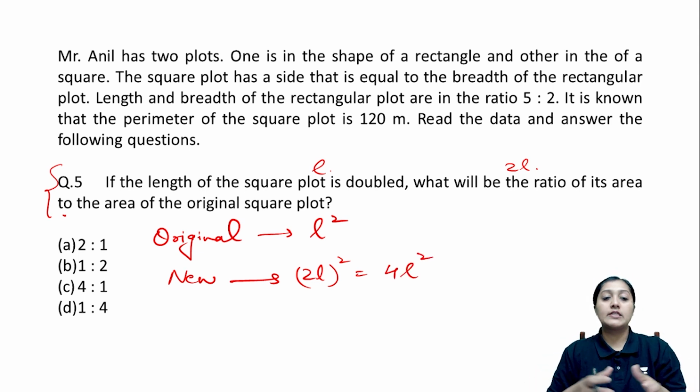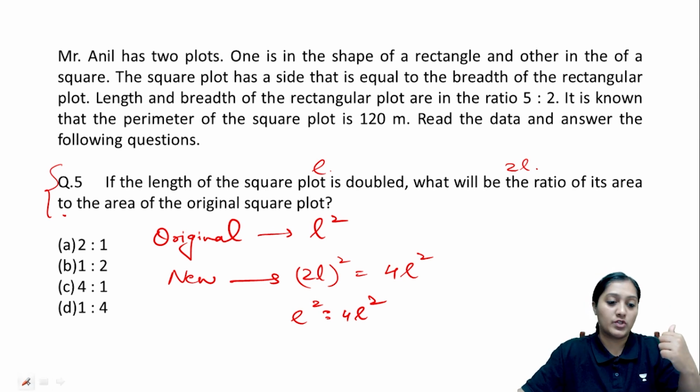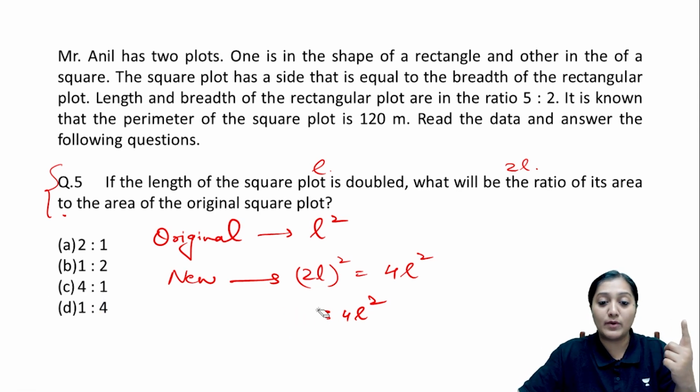So it is what ratio? So we just have to find the ratio of the original to the new. That would be simple. L square is to 4L square. Okay, what do we need? What will be the ratio of its area to the original? Many would make the mistake here. Remember what we need here. We need its area to the original.